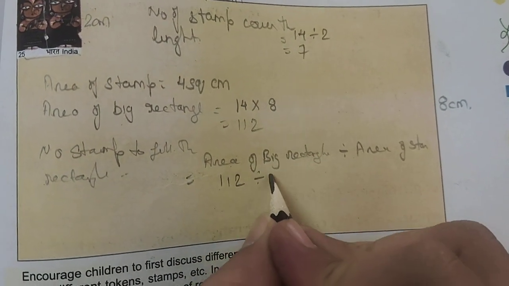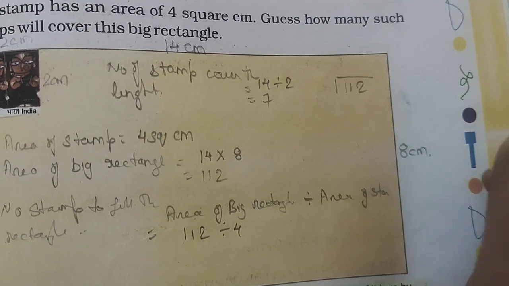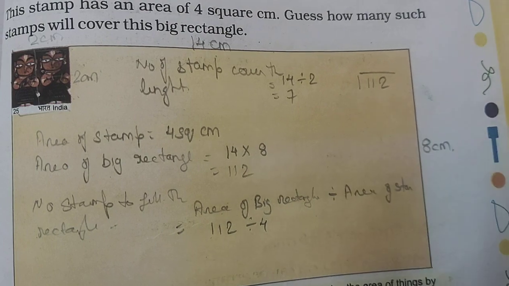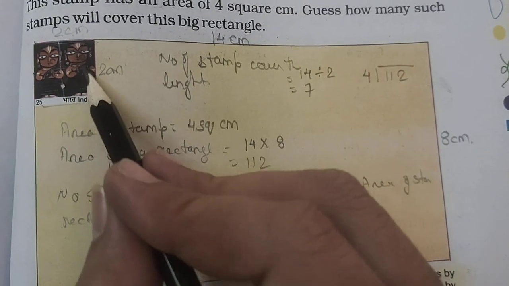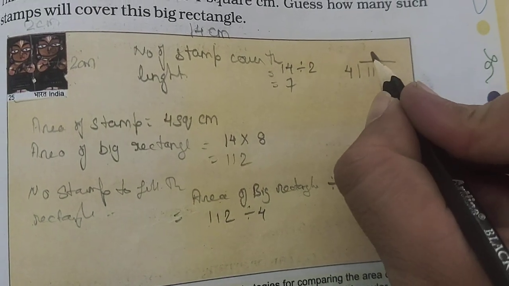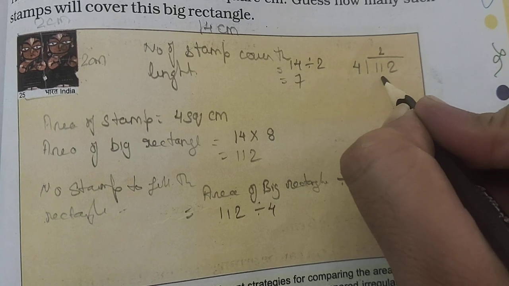So now it is 112 divided by 4. Let's see. 112 is the area of the big rectangle. Divided by 4. Why 4? 4 is the area of this stamp. 4 2s are 8.